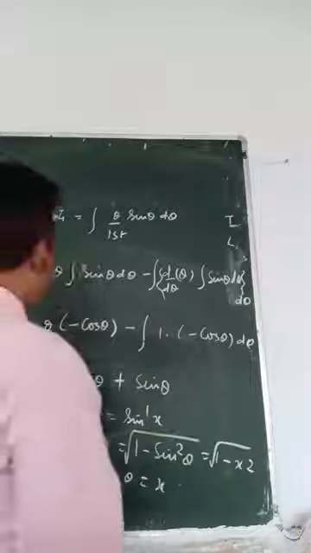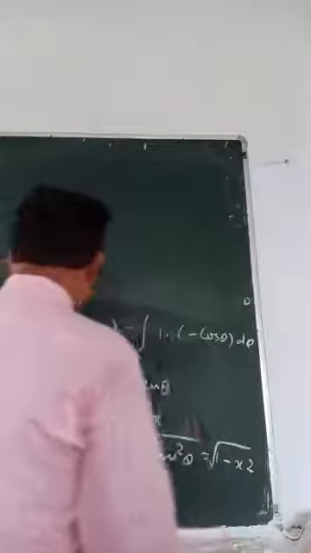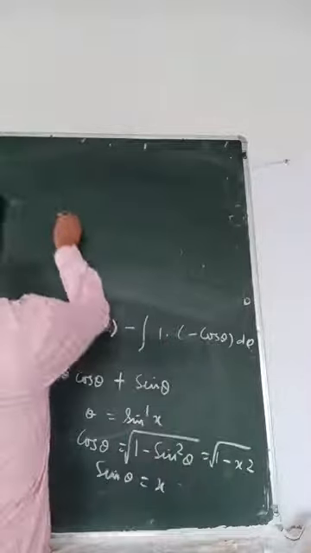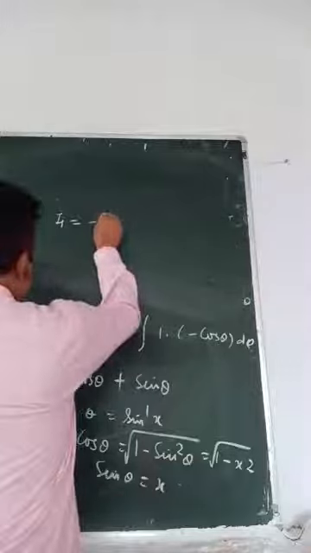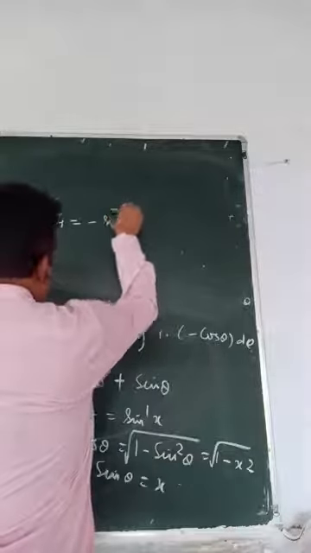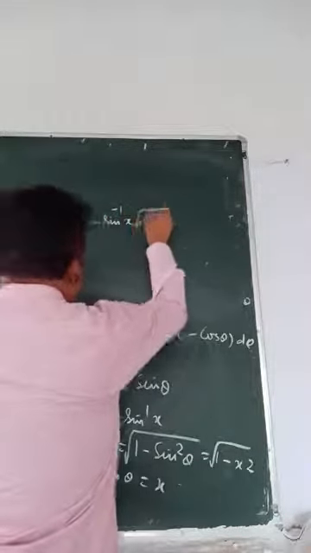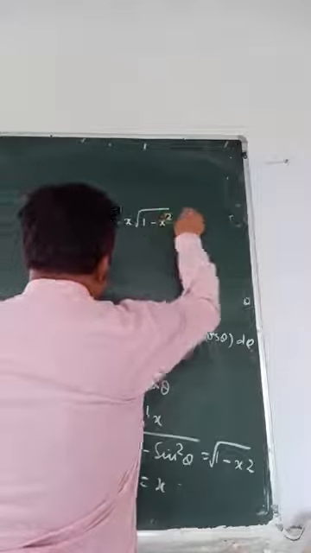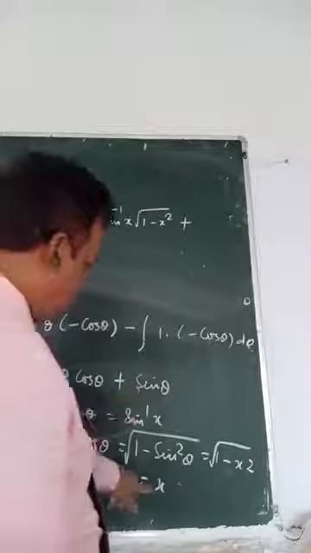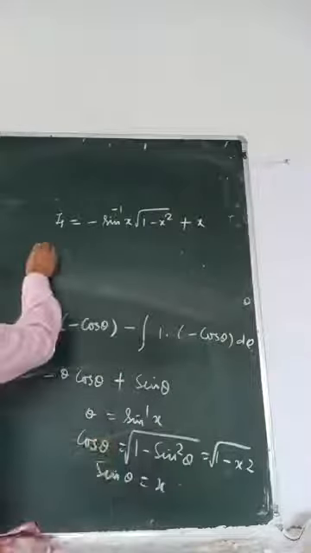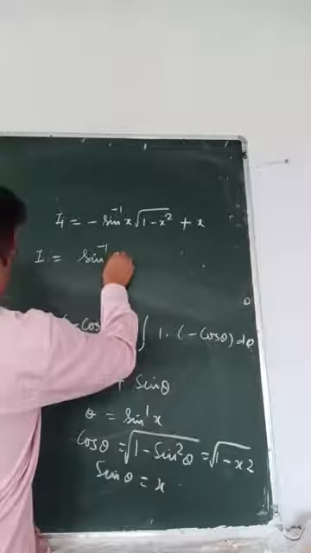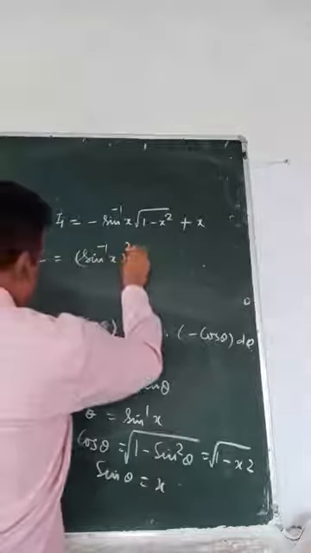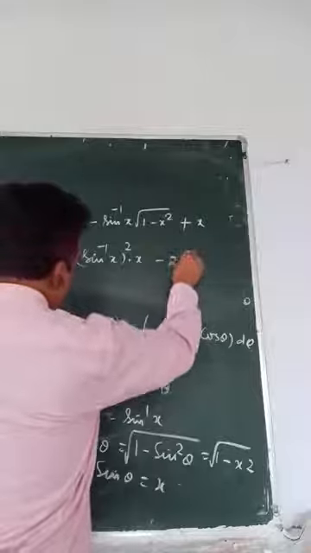So finally I1 equals minus sin inverse x root over of 1 minus x square plus sin theta, which is x. But what was your I? I was sin inverse x whole square into x minus 2 I1.